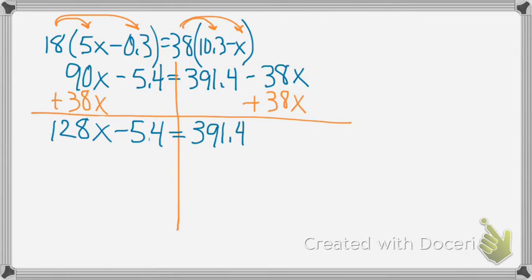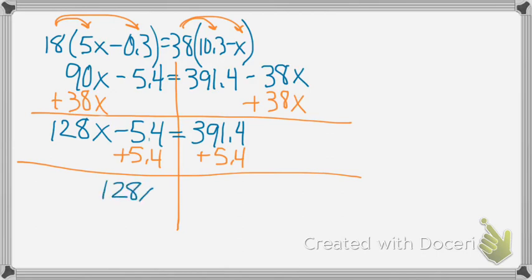So the thing I need to do next is to add this 5.4. Okay, this I can do on my own here. So I've got 128x here, and that's going to be equal to this sum. So I've got 396.8.